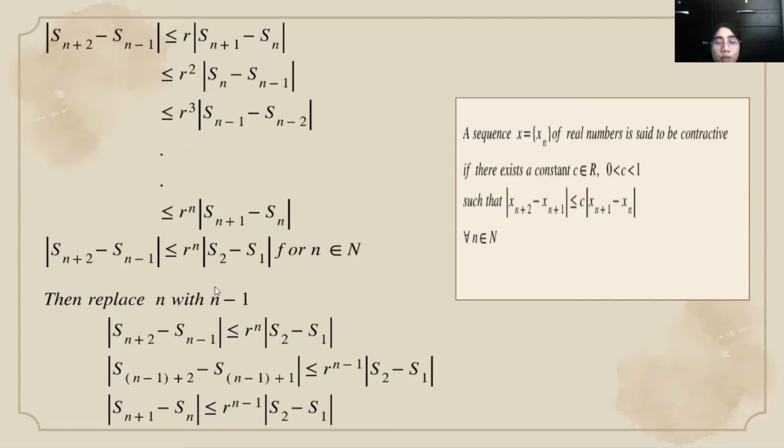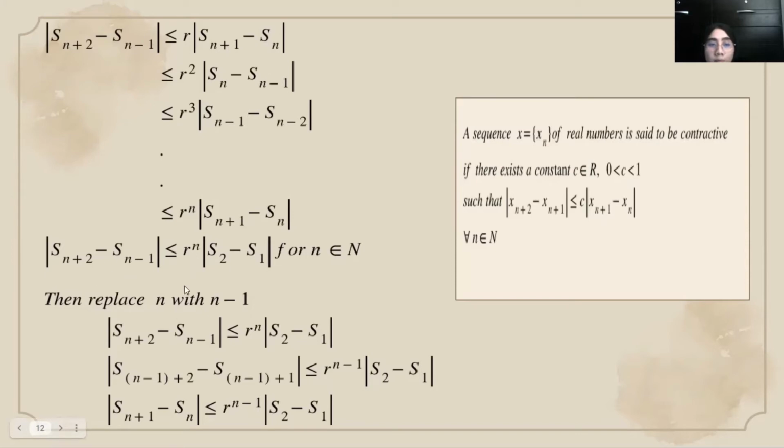So the question wants us to prove lemma 1, in which we have to prove absolute Sn plus 1 minus Sn less than R power n minus 1. So in this situation, R power of n. So what we can do is we have to replace n with n minus 1.